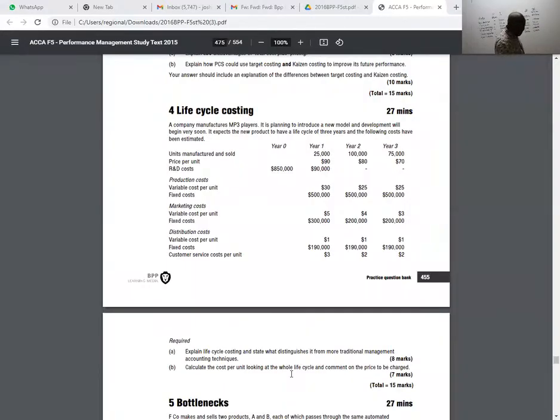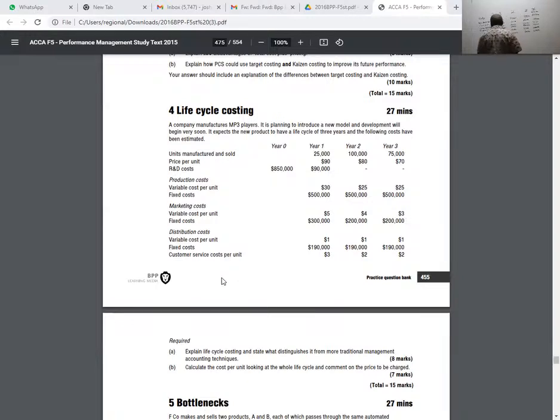And then we have the last one, the customer service cost. We have the service cost per unit.